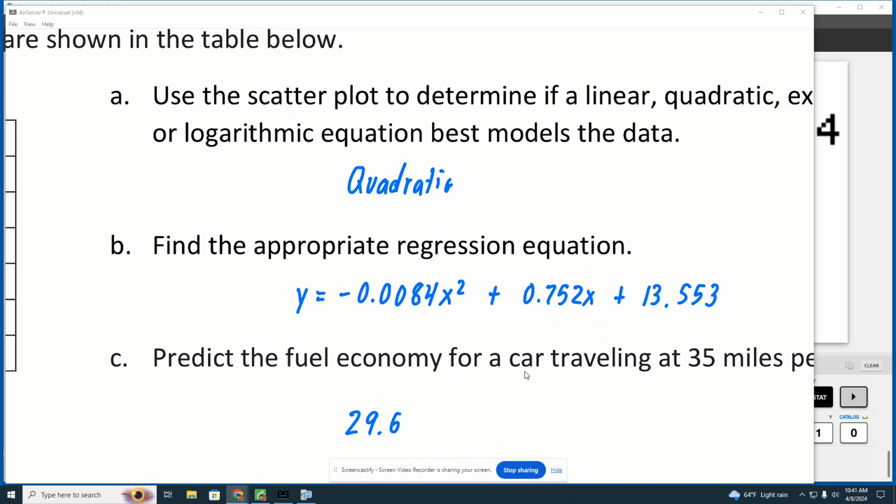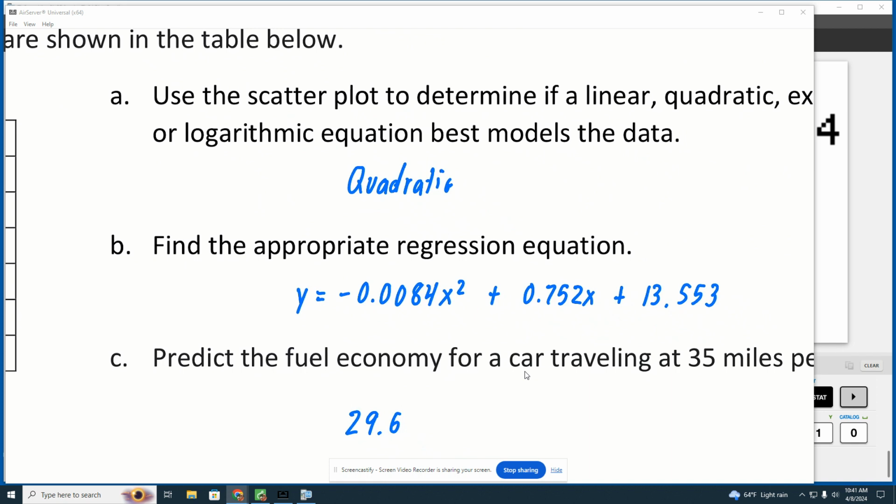I said that on Wednesday when we went over this. I said it again on Friday. Be careful not to over round. So I went with negative 0.0084 x squared, plus 0.752 x, plus 13.553.